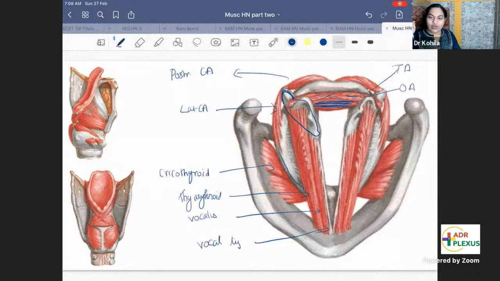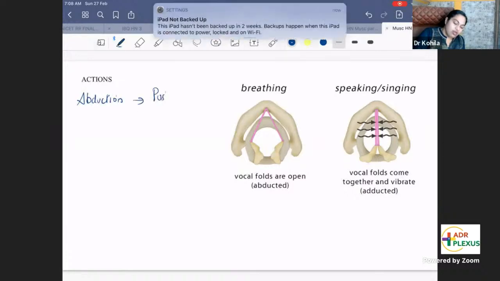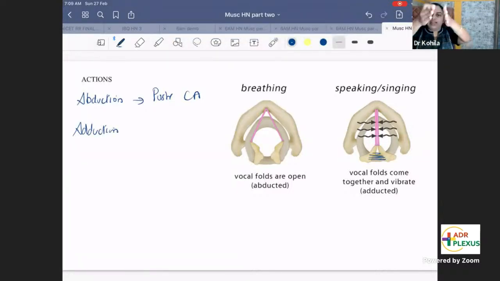Yeah, thank you. Okay, this is very important. You should be able to orient to it. Actions easy? Yeah. Abduction of the vocal cord, the safety muscle of larynx, posterior cricoarytenoid. Adduction of the cartilaginous part: the rima glottis has an intermembranous part and an intercartilaginous part.